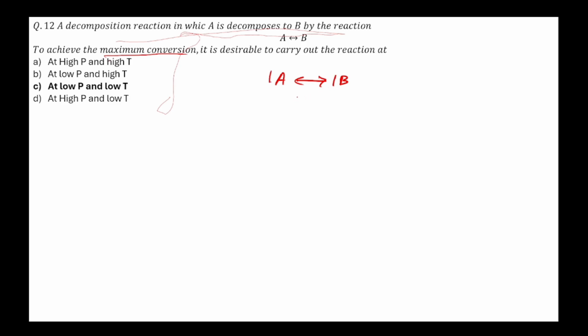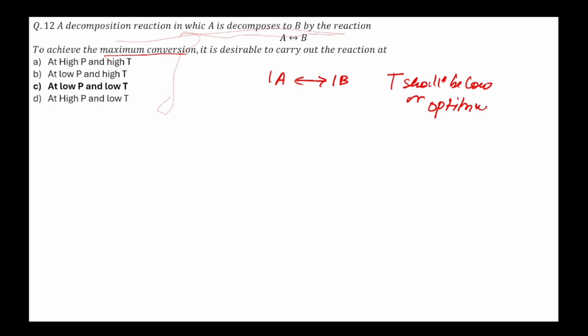So very first thing, it is a reversible reaction, but it is not mentioned whether it is exothermic or endothermic. So very first thing, the T should be low or optimum.